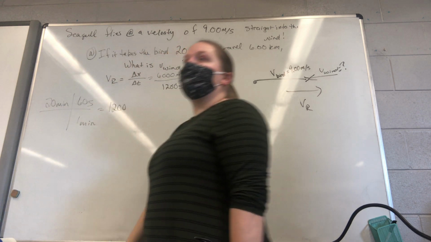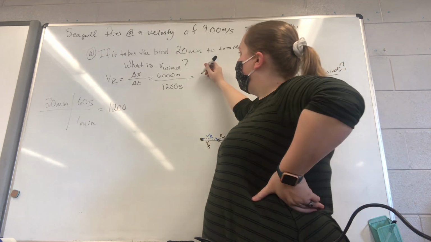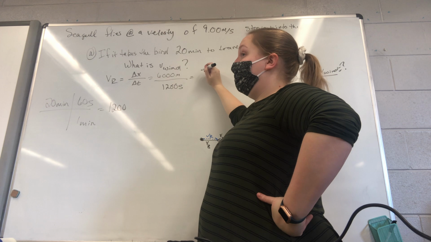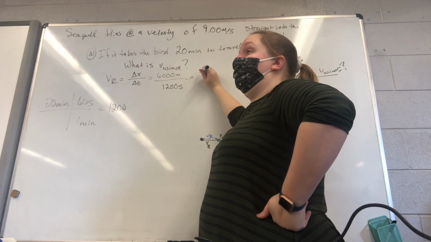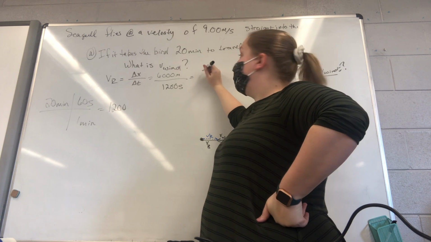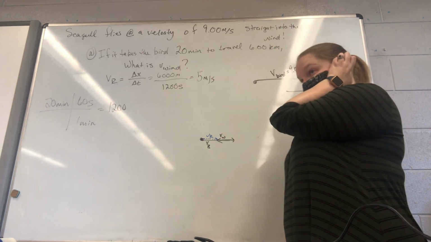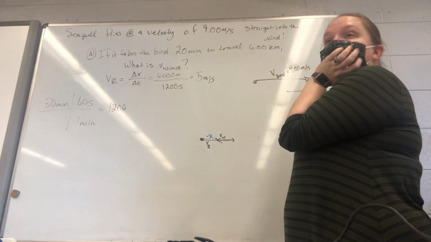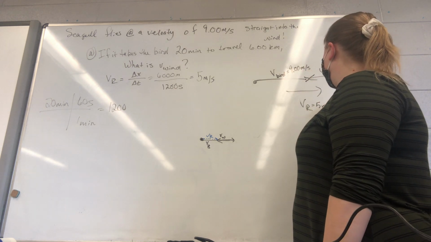So 6,000 over 1,200 is what? What is it, 5? I thought there was an extra zero. Okay, so V resultant is 5 meters per second.